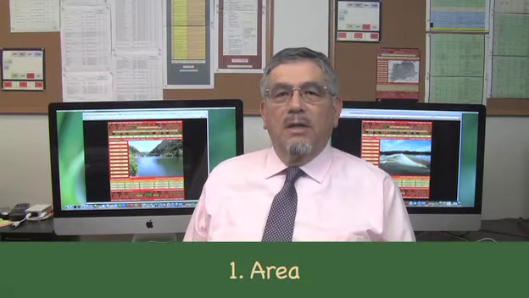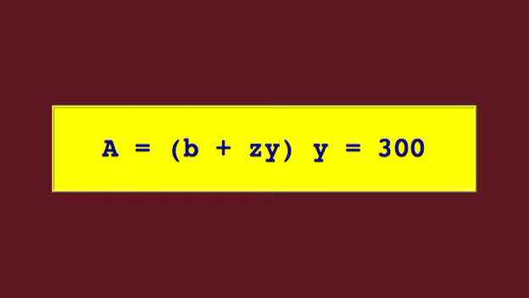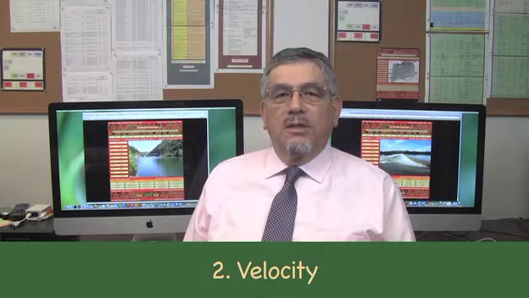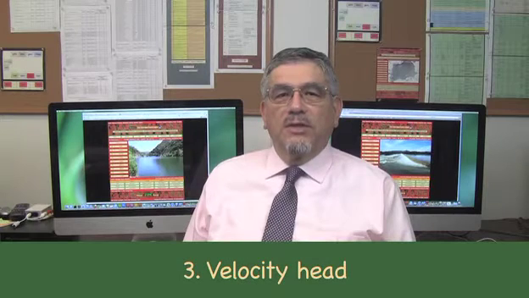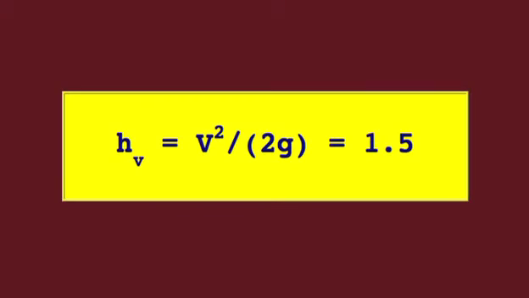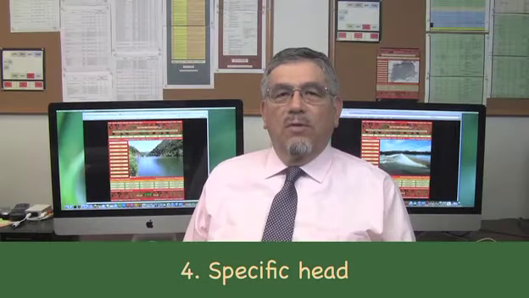At the first depth, or critical depth, for Y equal 3 meters, we calculate 1. Area. 2. Velocity. 3. Velocity head. 4.